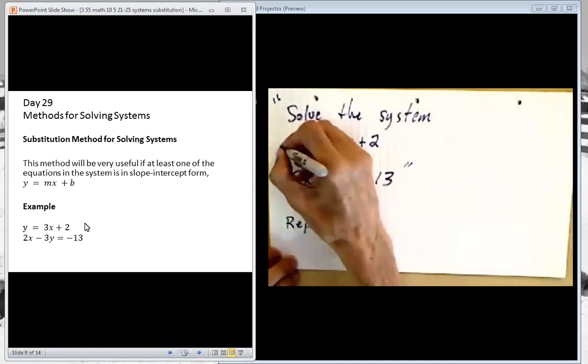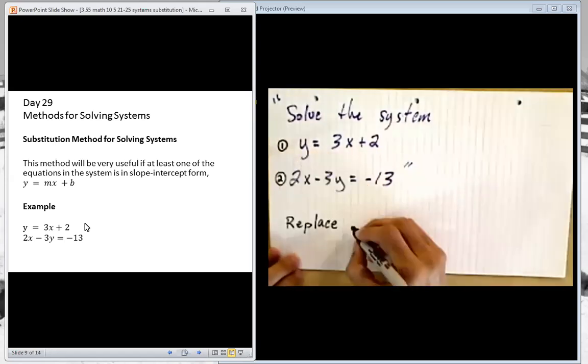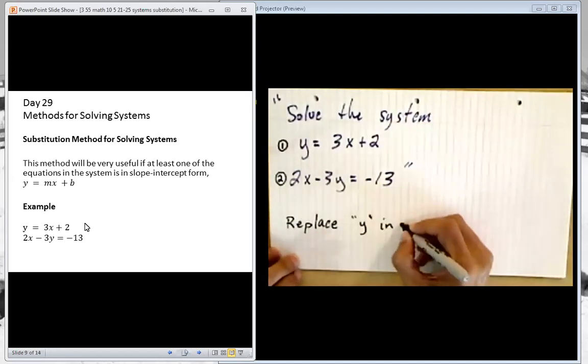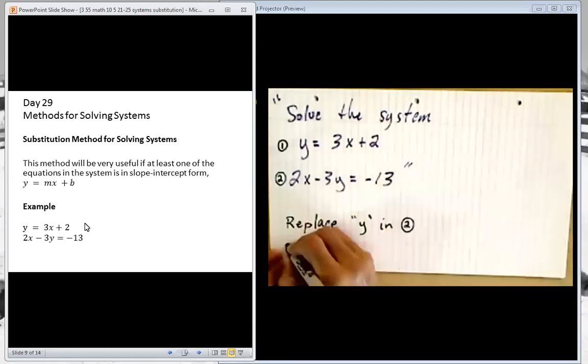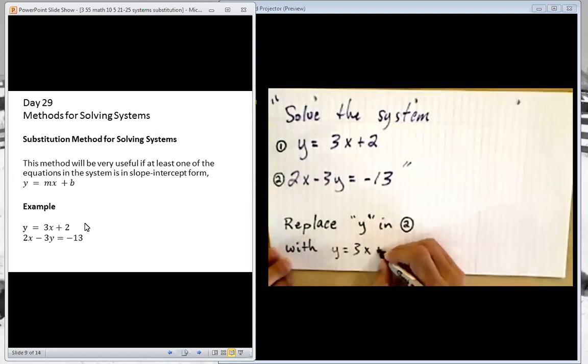I'm going to call that equation 1. I'm going to call that equation 2. So you replace the y in equation 2 with y equals 3x plus 2 from equation 1.